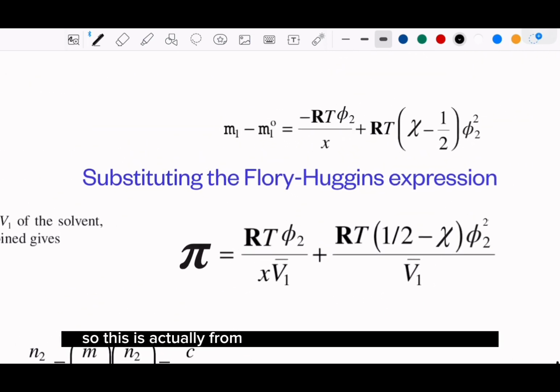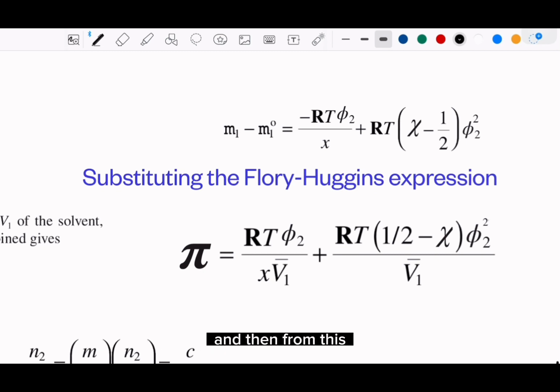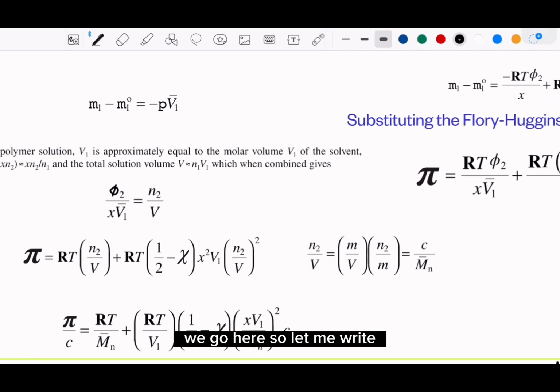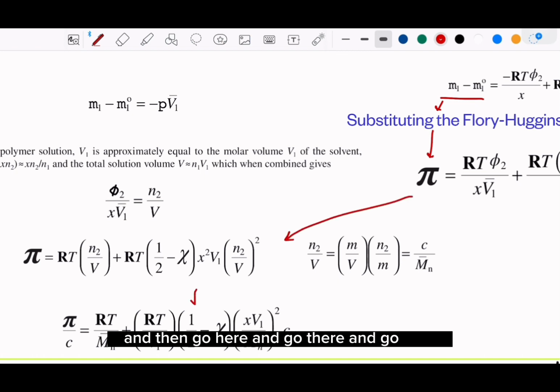So this is actually from what we had before, and then substitute the Flory-Huggins expression. And then from this, we go here. So first is this, and then go here, and go there, and go here.